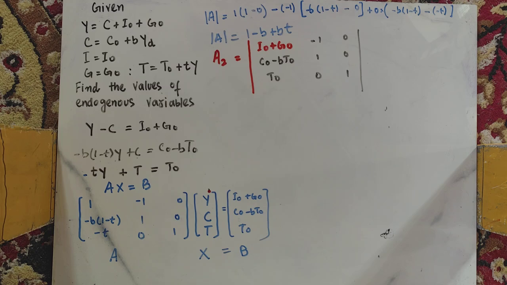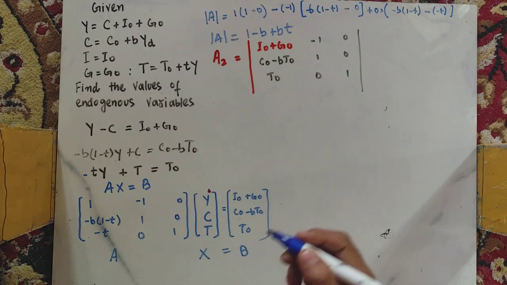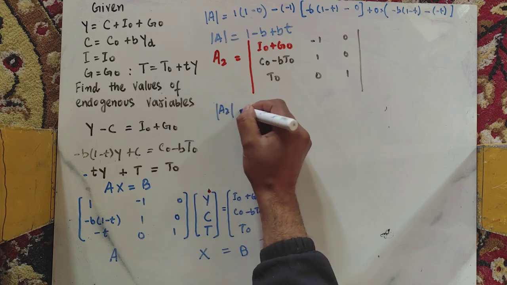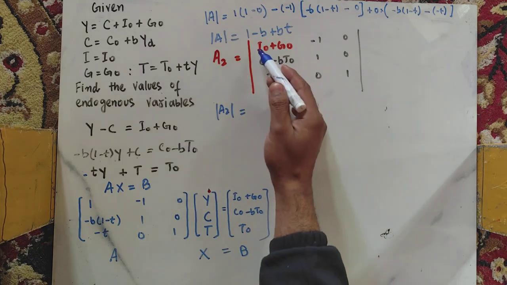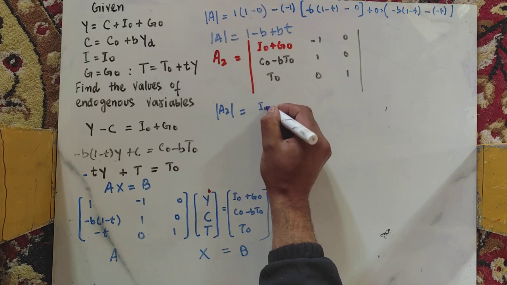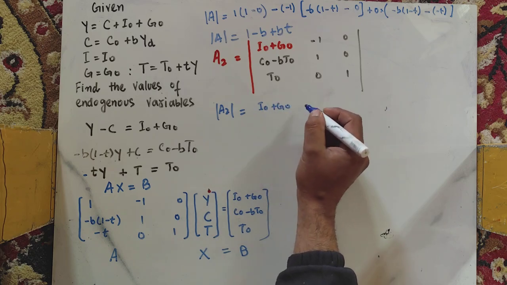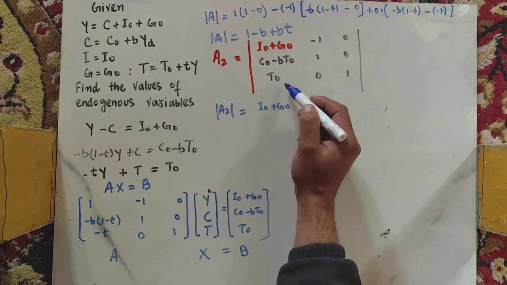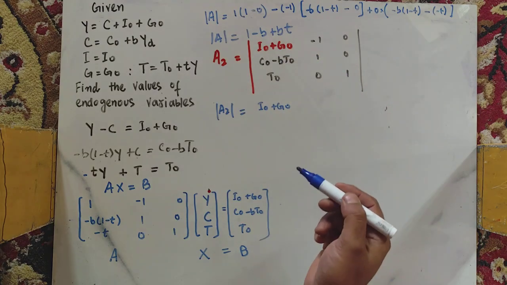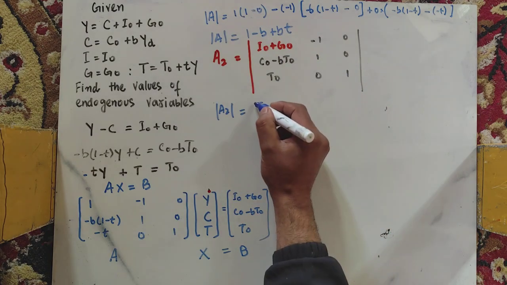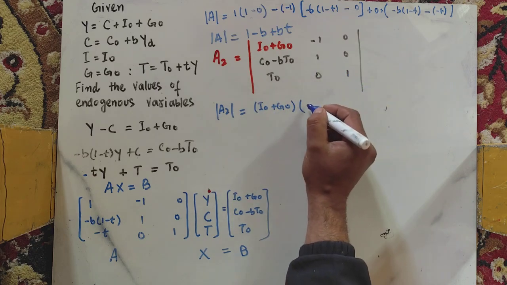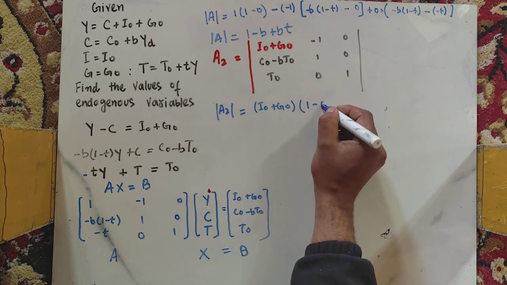Then we need to find out the determinant of this matrix A2. So the determinant of A2 will be, so how do we find our determinant? We write the first term, which is I naught plus G naught. To this we delete the row and the column in which it appears and take the determinant of the remaining elements. So we are left with 1 times 1 is 1 minus 0 into 0 is 0.